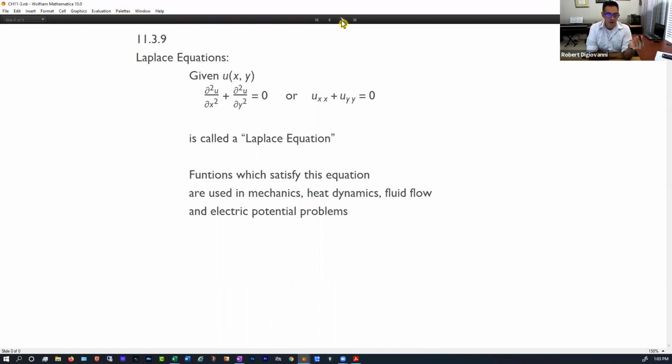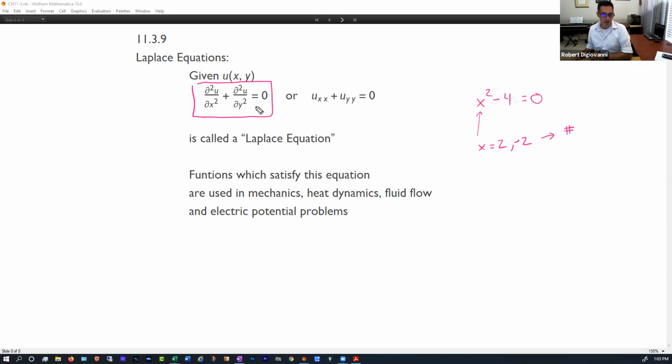A Laplace equation is a specific equation where you're trying to find a solution that satisfies it. You know how we normally solve an equation like x squared minus 4 equals 0. Normally we're trying to find the x which makes it true. So in this case, if we plug in 2, it would be true. If we plug in -2, it would be true. So in a quadratic equation, our solutions are just numbers, right?